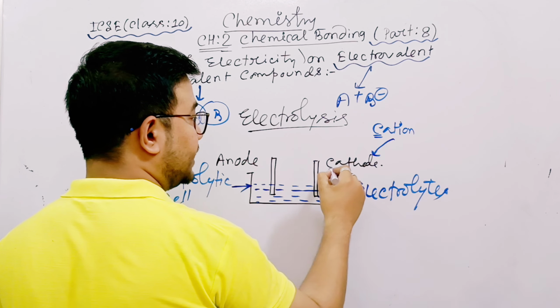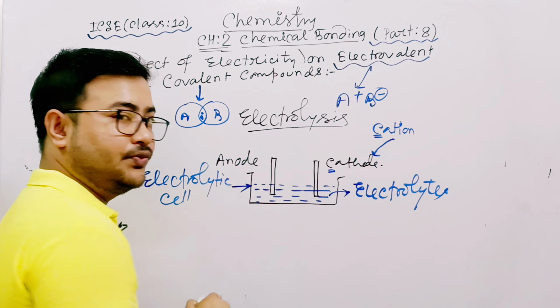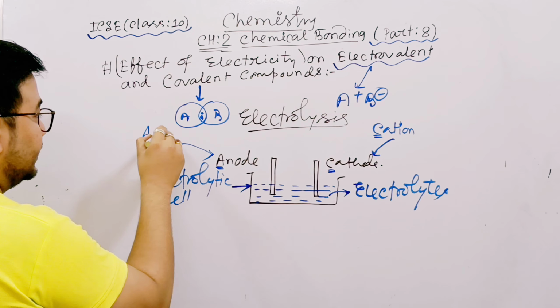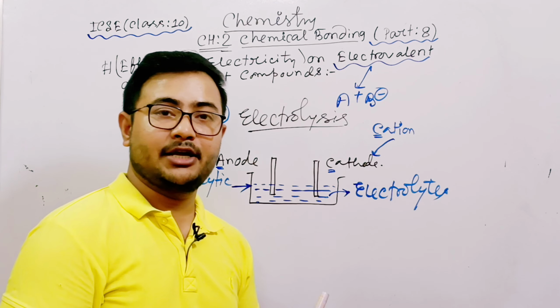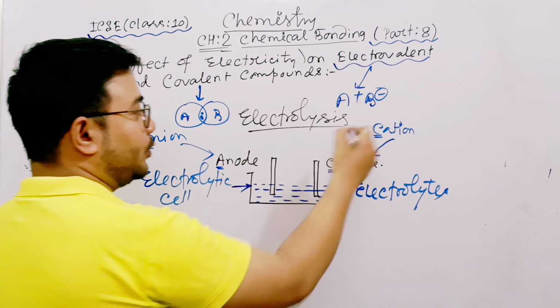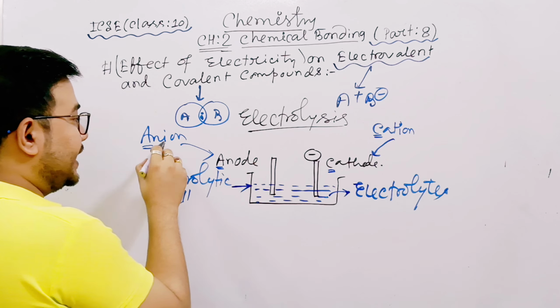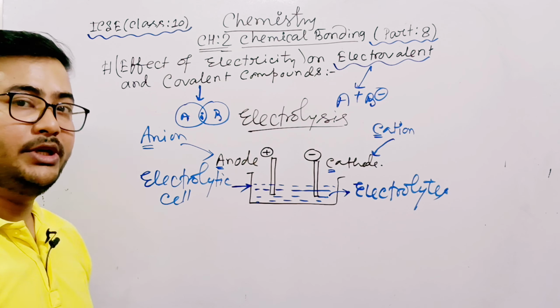So C for cation, C for cathode, and A for anode and A for anion. Anion tries to move to the anode. So what is the charge of cation? Positive. That's why positive tries to move to the negative electrode, and anion means negative, so negative tries to move to the positive. So these are the two electrodes.